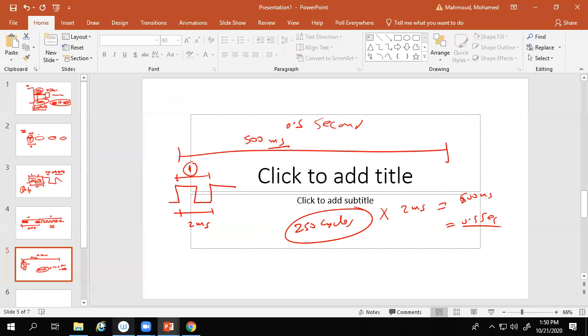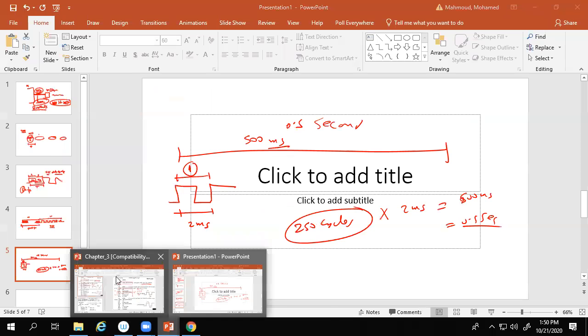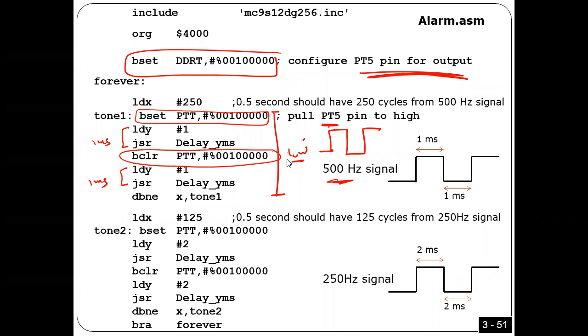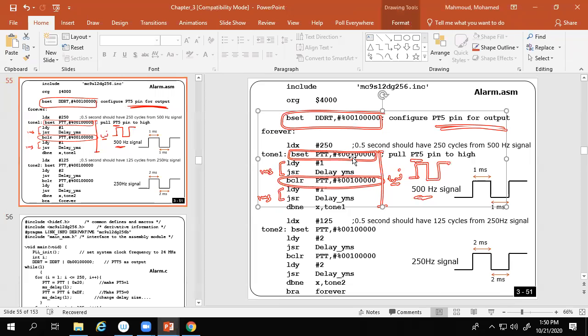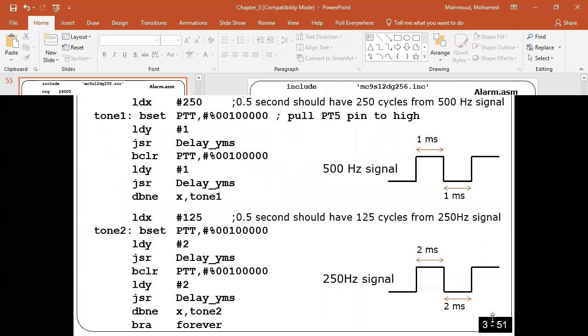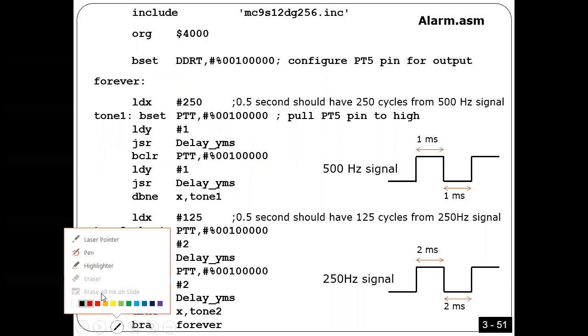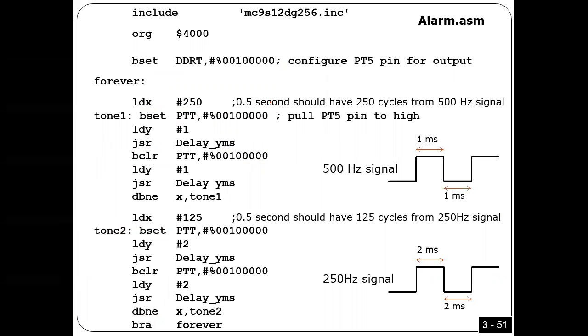So if you see here, guys, this part from here to here should generate one cycle.